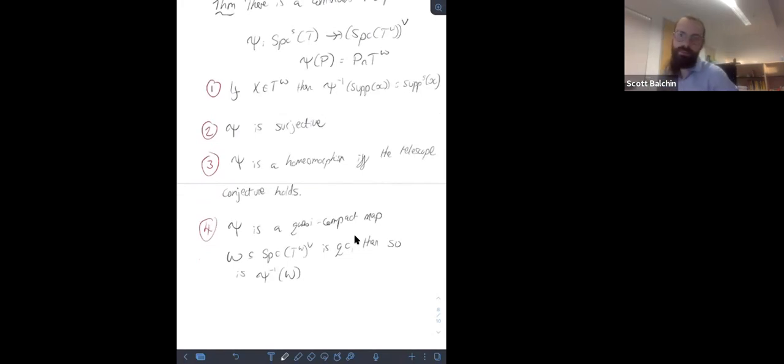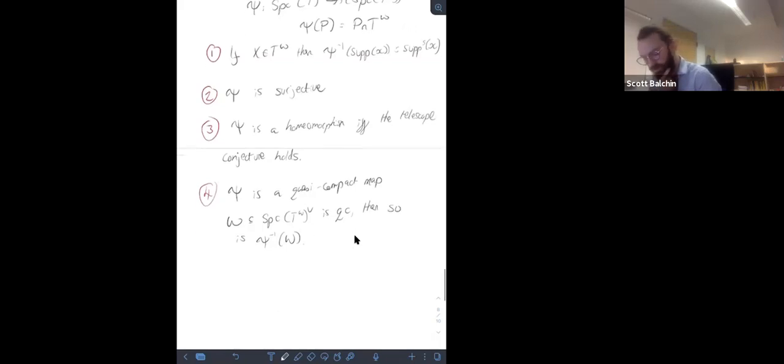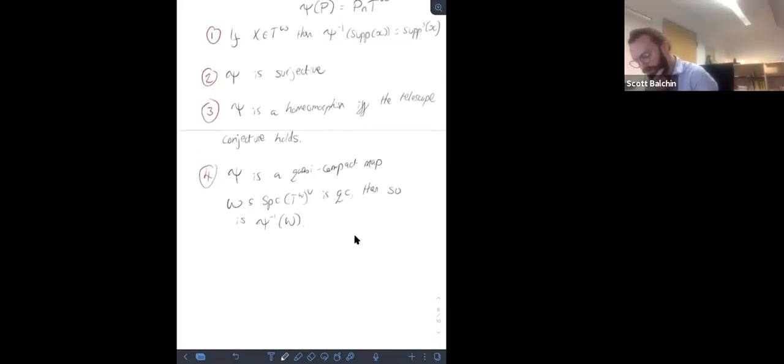This is mild, but it's still some sort of bounding property on how bad the smashing spectrum can be. How bad can the lattice of smashing tensor ideals be? How badly can the telescope conjecture fail? Even just the fact that this space is quasi-compact.